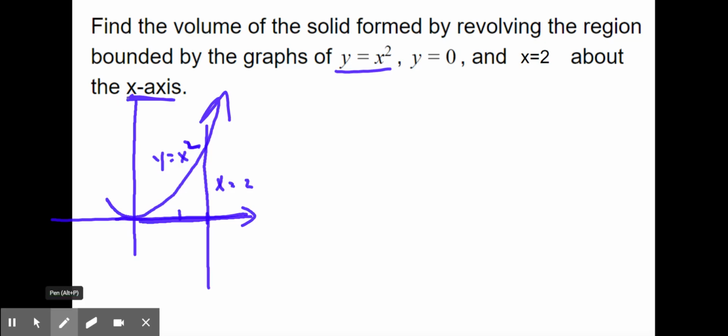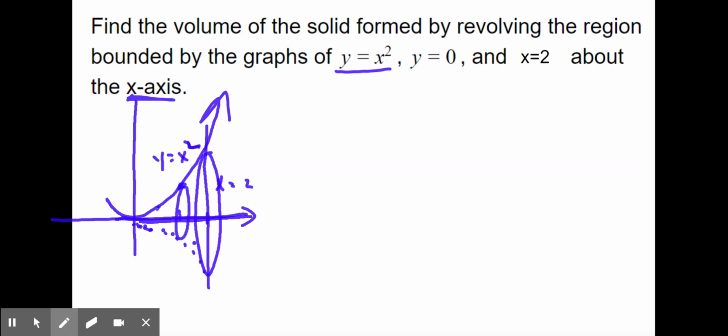So I'm going to do my best to get an idea of what this region looks like. I'll usually, with some dotted lines, do my best to draw a reflection of my region in the line of rotation. And then I draw some circular cross sections because, as I mentioned earlier, when I revolve, it creates circular cross sections. If you take a point on that graph, right here, and revolve it around that line, it would create a circle.